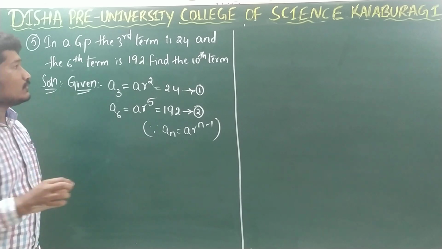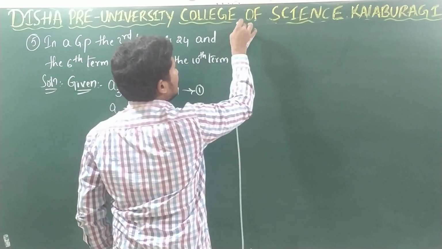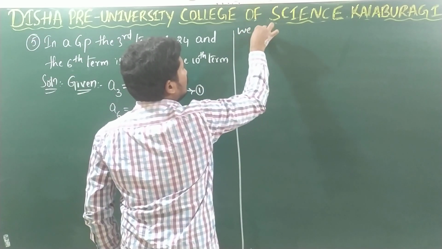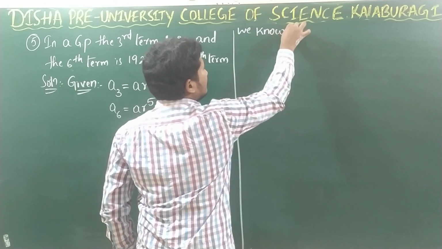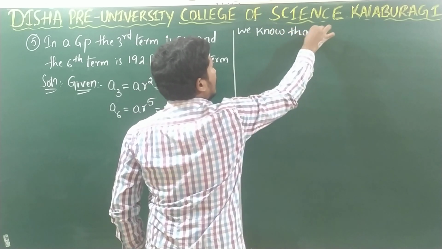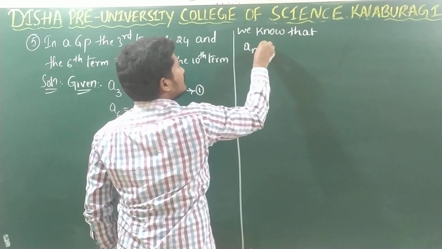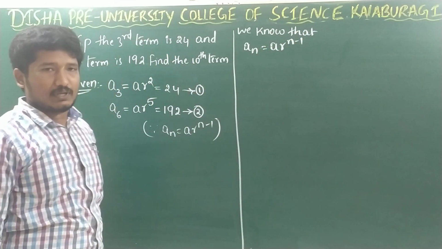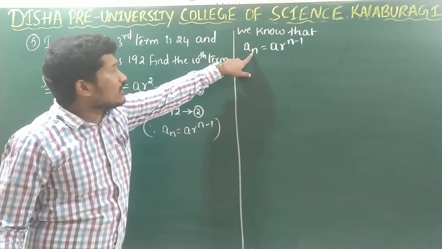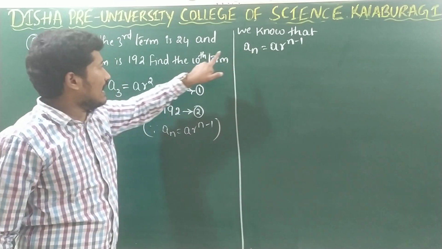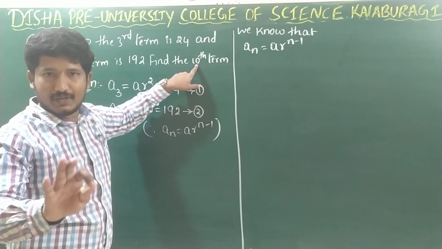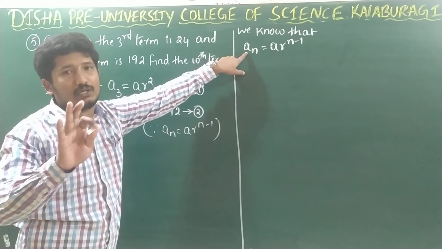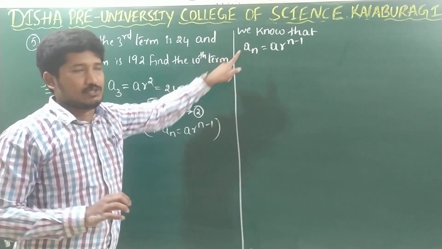Am I right? So see here, 10th term in the sense, we know that An is equal to A into R power n minus 1. Right? So when I put n is equal to 10 here, I will get A10. So this will be the 10th term of the geometric progression.